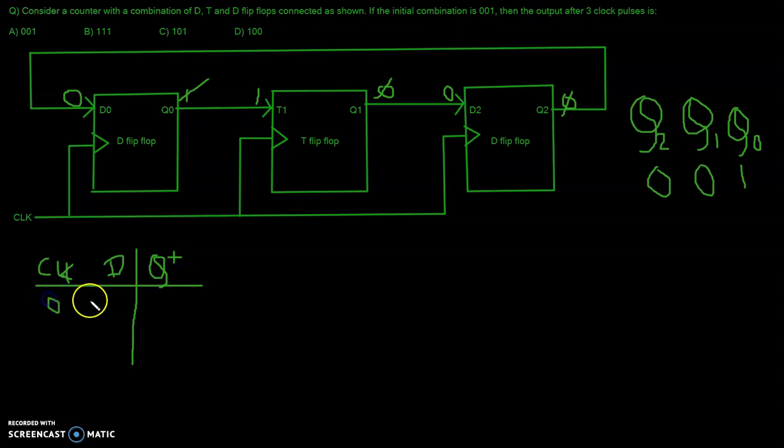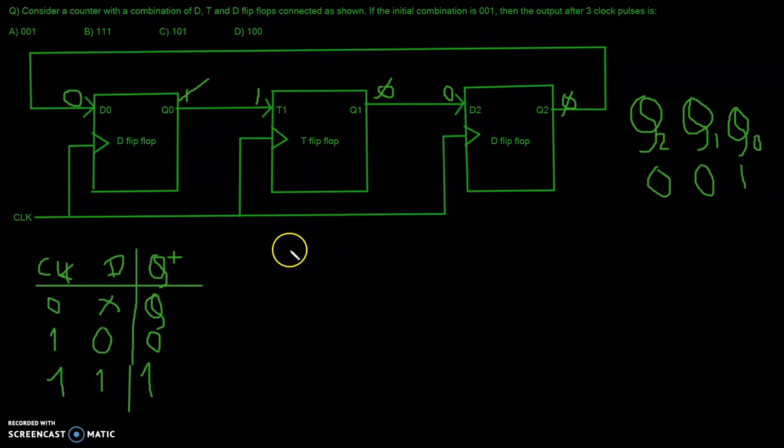When the clock is 0, D is don't care, and Q plus is your past state, or just Q. When clock is high and D is 0, then your next state is also 0. When clock is 1 and D is 1, then your next state is also 1.